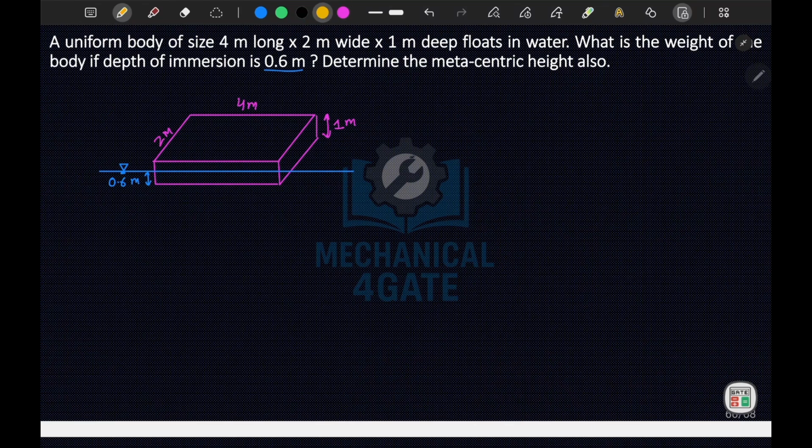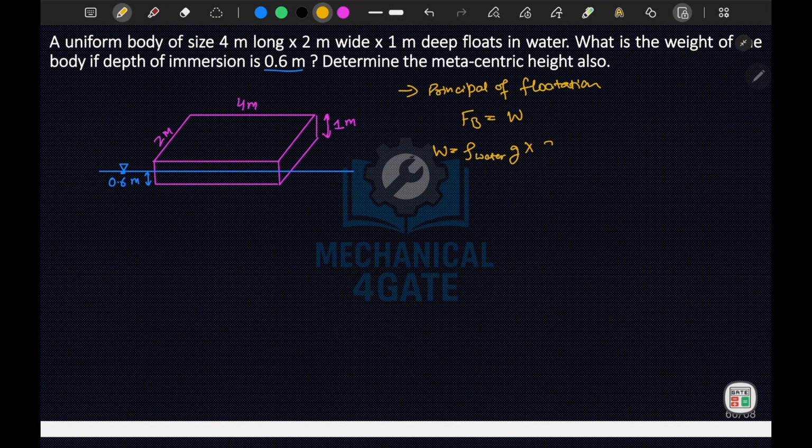According to the principle of flotation, or Archimedes principle, your buoyant force is equal to the weight of the body. So weight is equal to the buoyant force, which equals the weight of the liquid displaced: rho of water times g times volume.